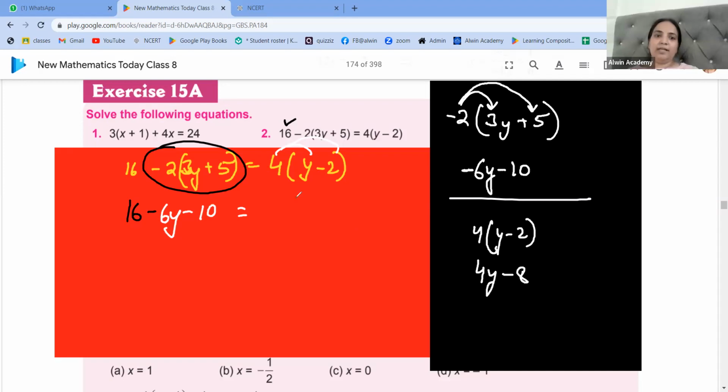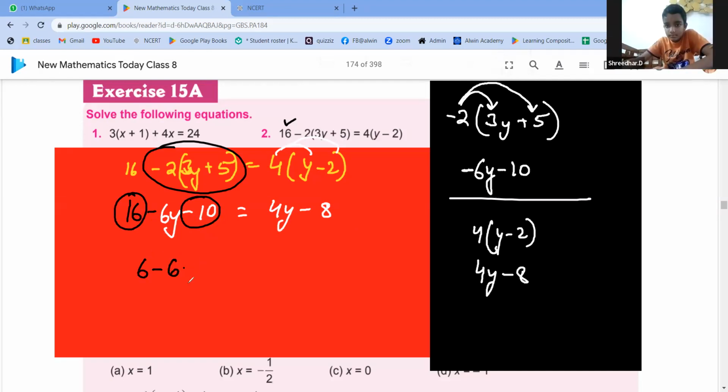Good. So we'll write 4y minus 8. Now it's so simple to transpose and solve. First of all, I'm solving 16 minus 10, which is 6. So 6 minus 6y equals 4y minus 8.